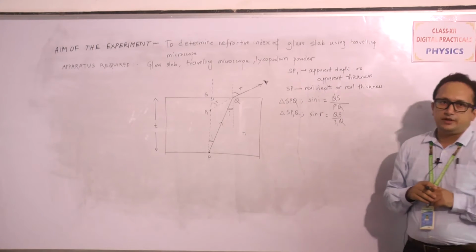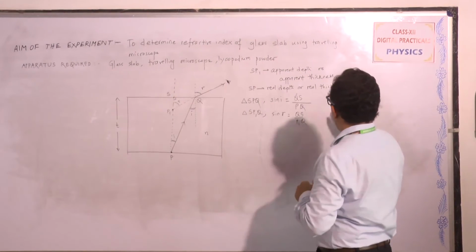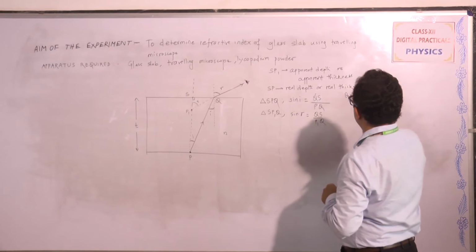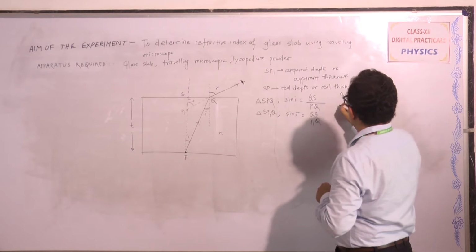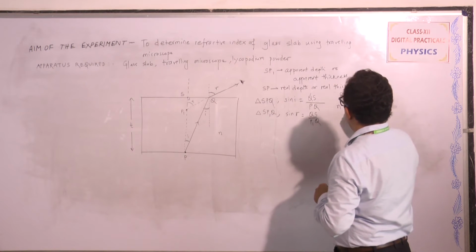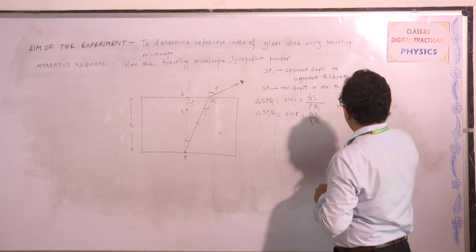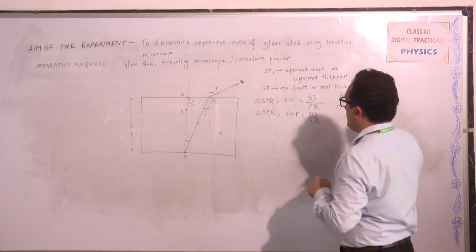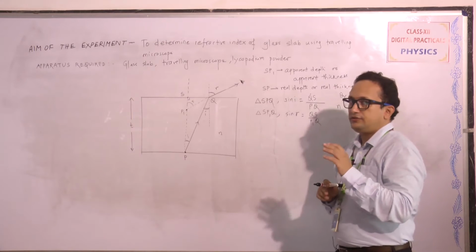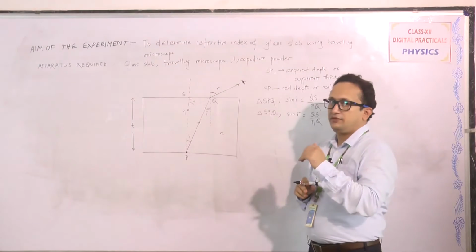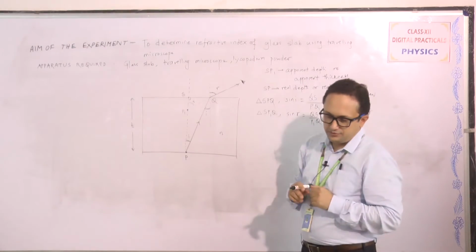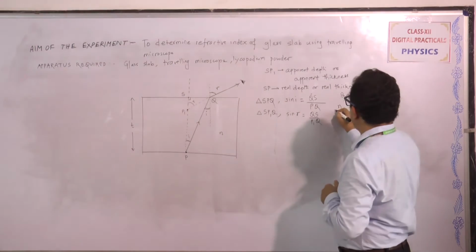But what is sin I by sin R? We all know Snell's law. By Snell's law, the refractive index is sin I by sin R. Of course, you have to be careful. This represents the refractive index of air with respect to glass, so I should write it as GA.